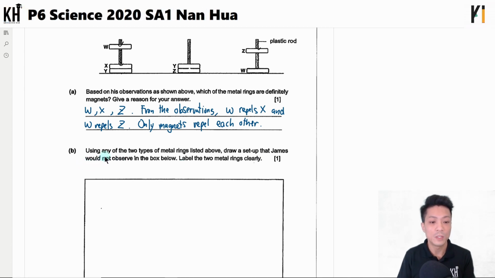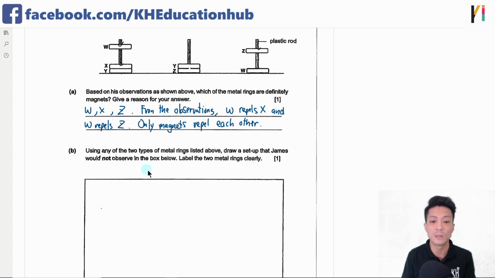Okay, for part B, using any 2 types of metal rings listed above, draw a setup that James would not observe in the box below. Label the 2 metal rings clearly.